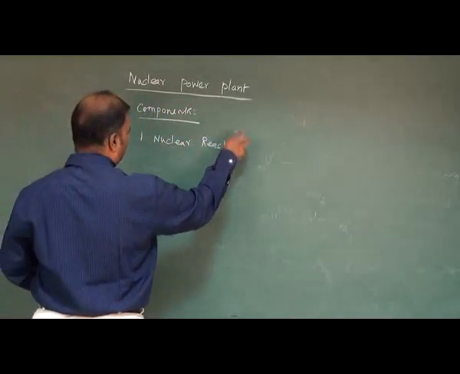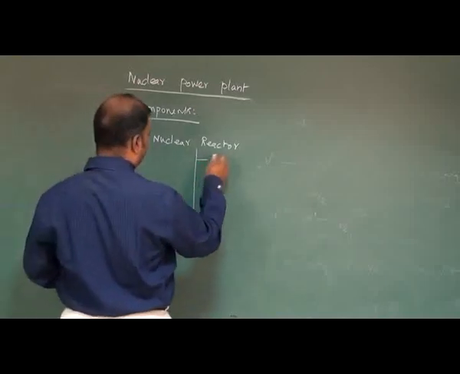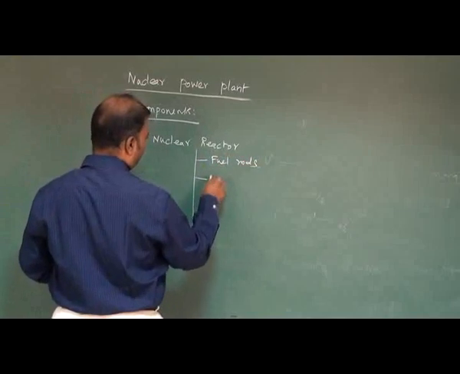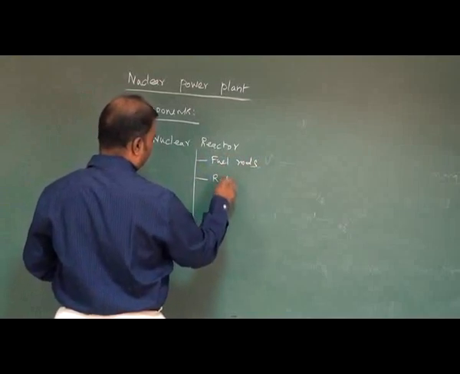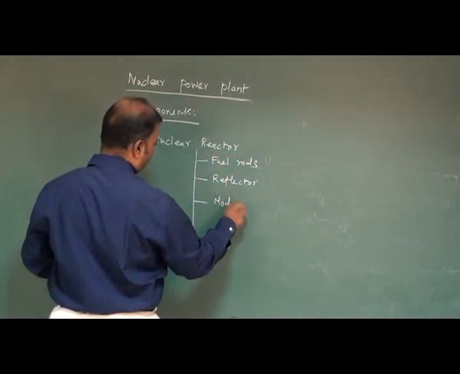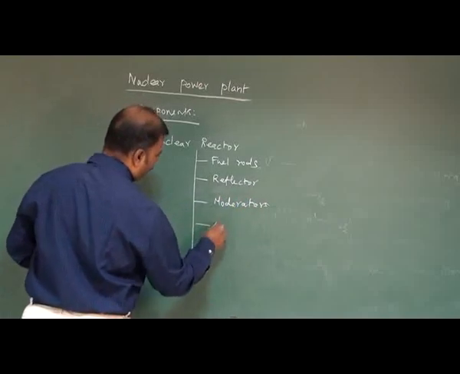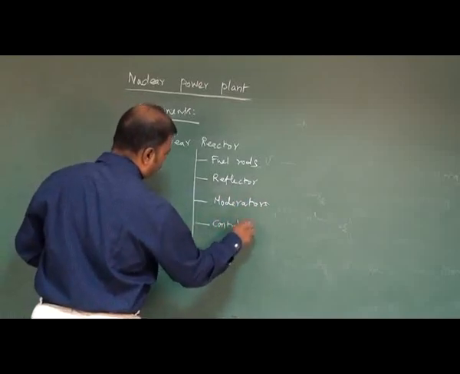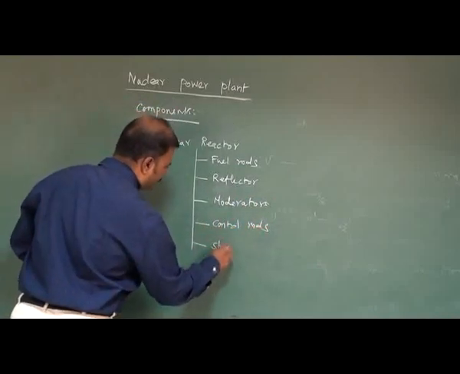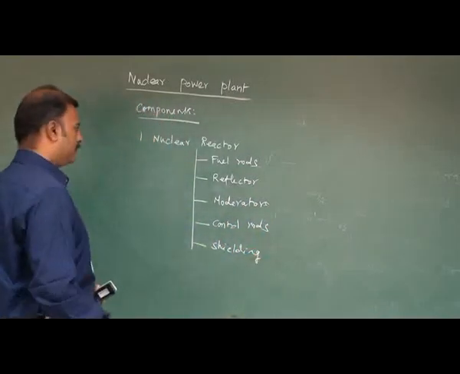The important parts involved in the nuclear reactor are: the first one is fuel rods, the second is a reflector, the third is a moderator, the fourth is control rods, and the fifth is shielding. It may be biological shielding or other shielding.